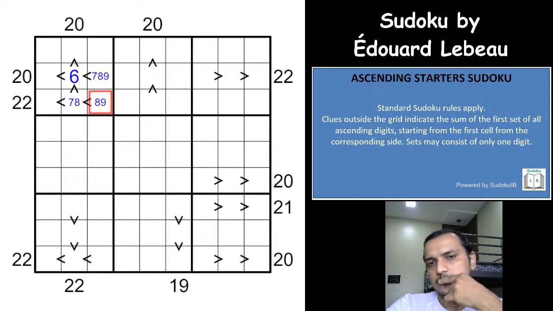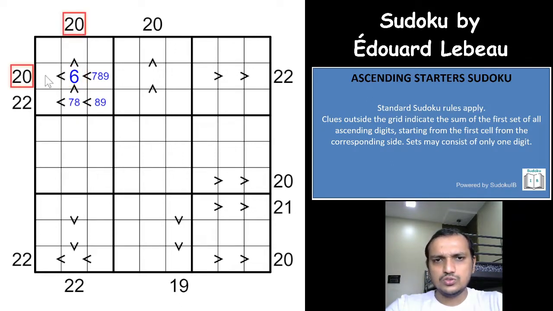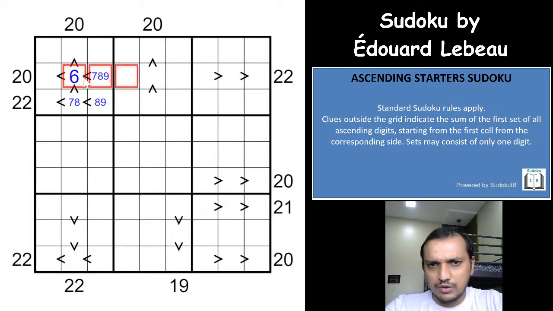Okay. If this is 6, for the 20 clues, you can only have 3 cells. You cannot have 4 cells for the ascending, right? Because if this is 6, minimum cell would be 7 and minimum cell would be 8. That already gives you a 21. So only 3 cells will be counted for both the 20.